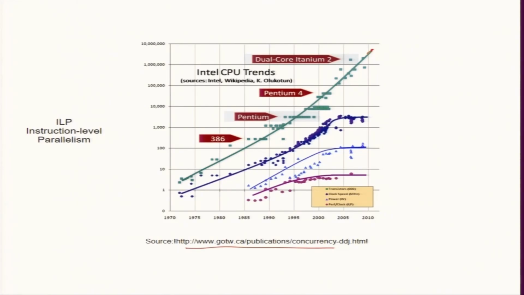Nanometer scale. But look at other numbers like clock speed. Clock speed increased from 1 to 4, around 5, 6, but it has flattened. So people are not pushing clock speed.